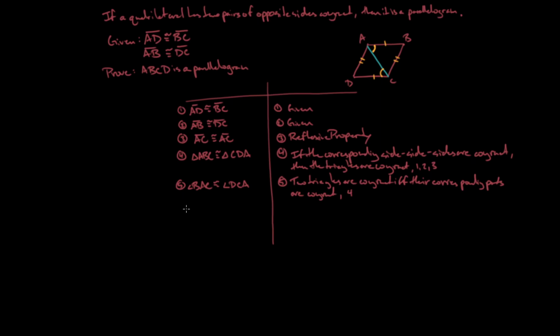Then if these two angles are congruent, that means that AB and CD are parallel.